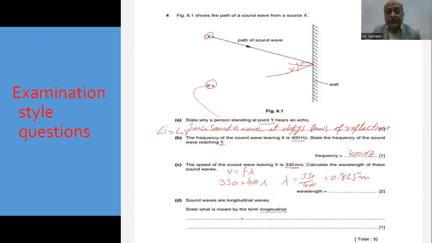Longitudinal waves are such type of waves in which particles of the medium vibrate parallel to the direction of motion of the wave.